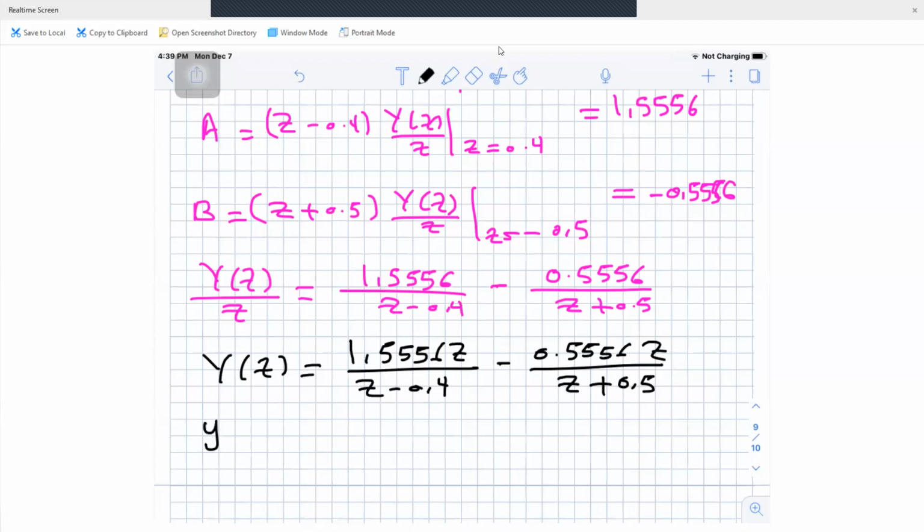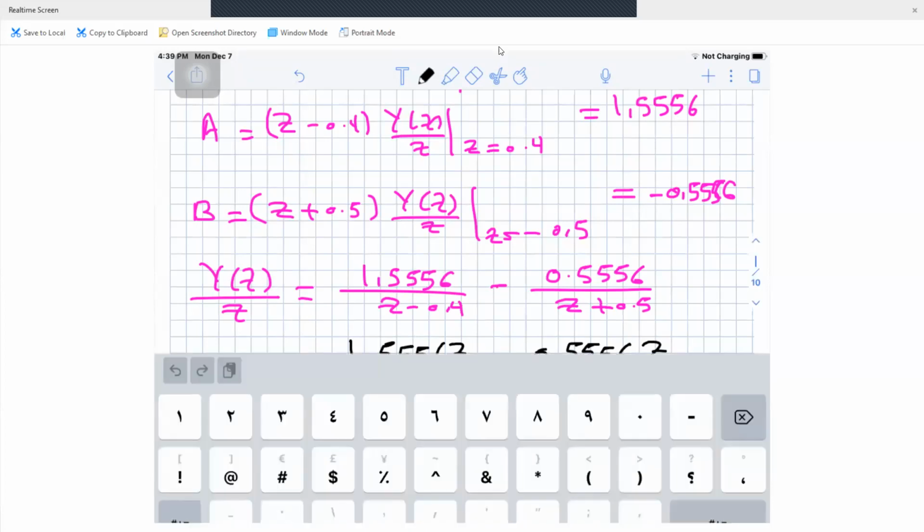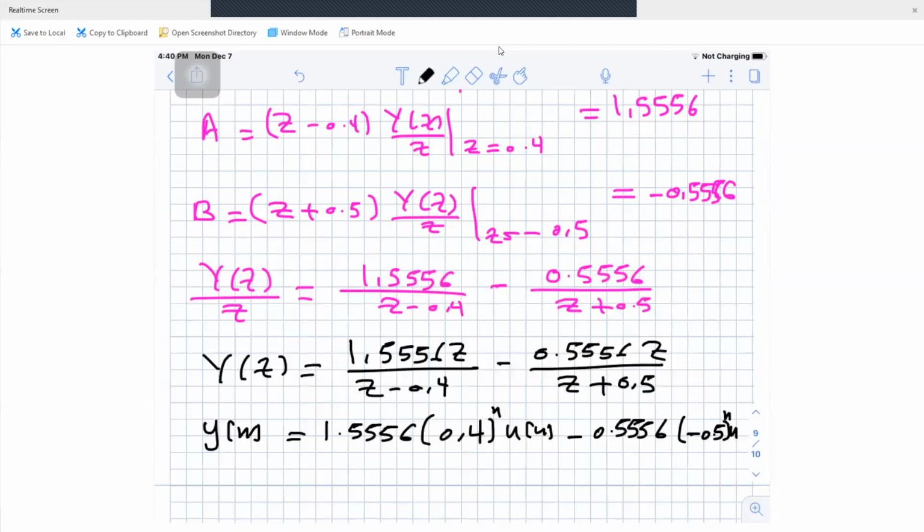The left side becomes y(n), and the right side will be 1.5556 (0.4)^n u(n) minus 0.5556 multiplied by (-0.5)^n u(n). I'm sorry, I have to move it to the next line.